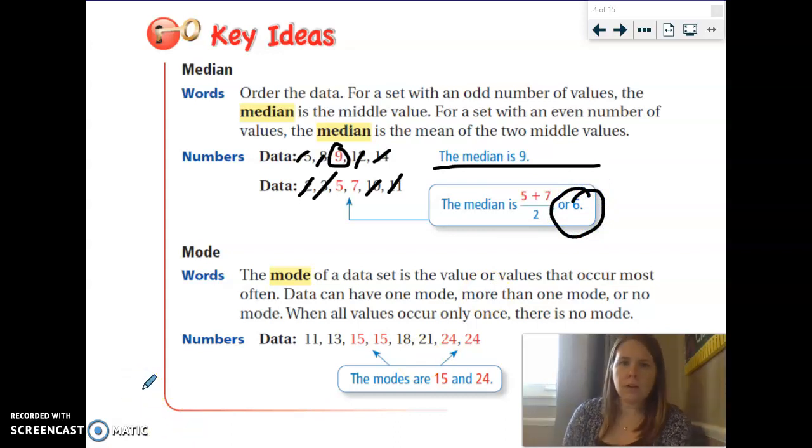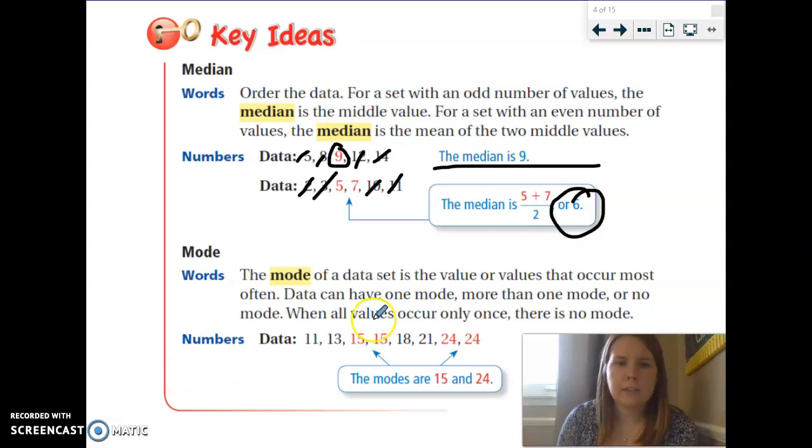Your mode, the mode of a data set, is the value or values that occur most often. So basically, it's what number you see in the set of data most often. Sometimes data has no mode, sometimes it has one mode, and sometimes it has more than one mode.